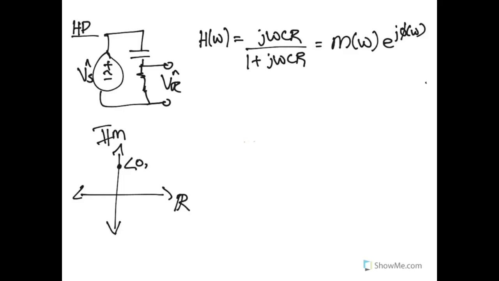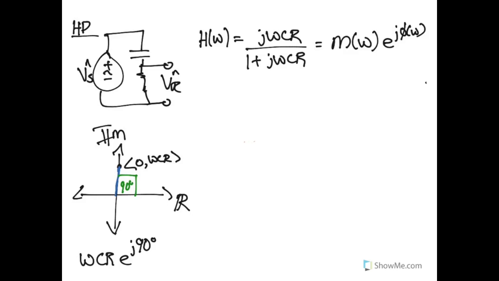It would have no real component and just be wCR. So when this turns into a polar coordinate, it's just wCR e to the j 90 degrees, because the length of this is just wCR, and the angle here is a 90-degree angle.